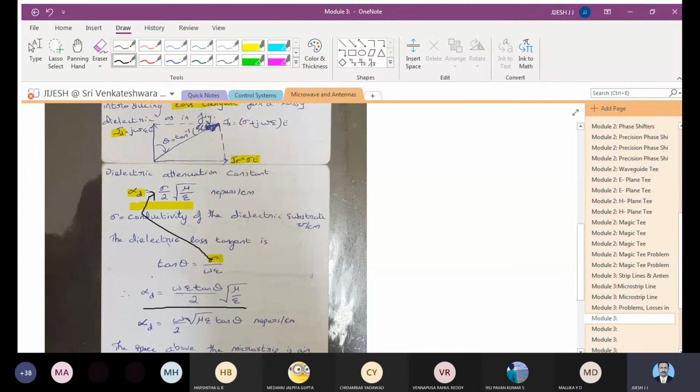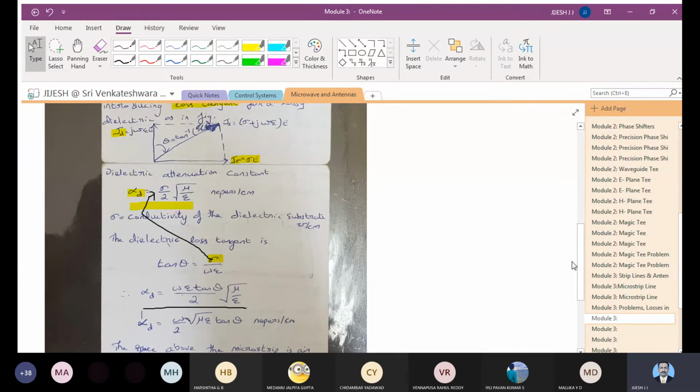So this is what you are going to get for alpha D, and when you simplify it, you can see that terms get cancelled. So we will end up with alpha D is equal to omega by 2 root of mu epsilon tan theta. That's the simplified equation for alpha D.